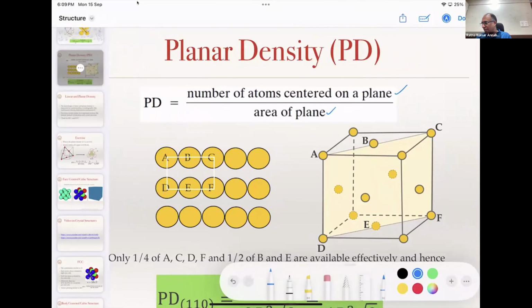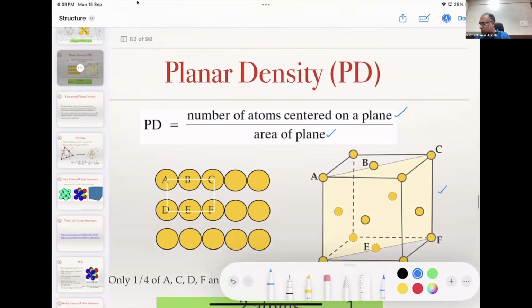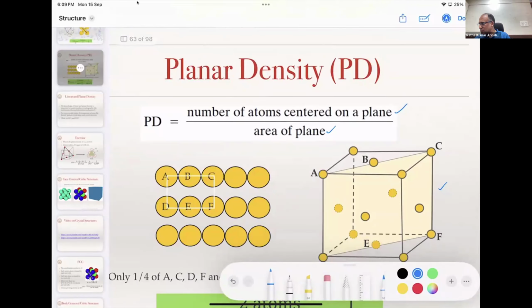Now, if you take the FCC lattice, what plane is this? What are the Miller indices? 110. So we are trying to find the planar density for this plane.